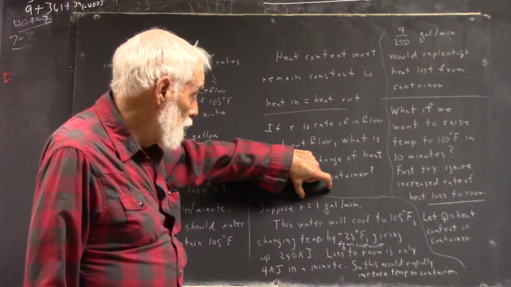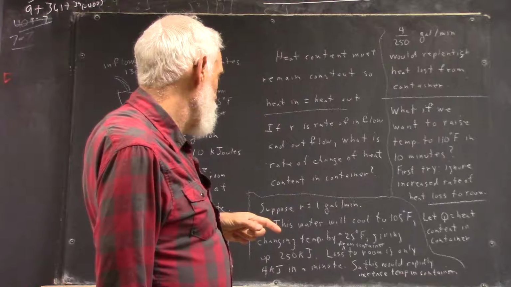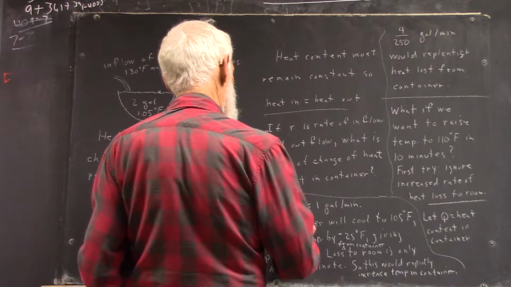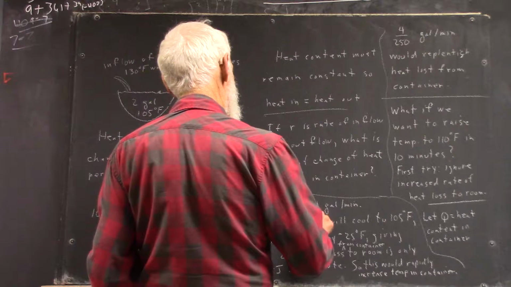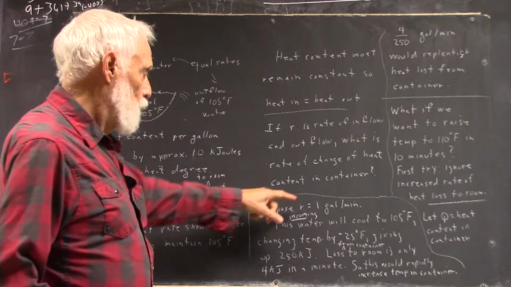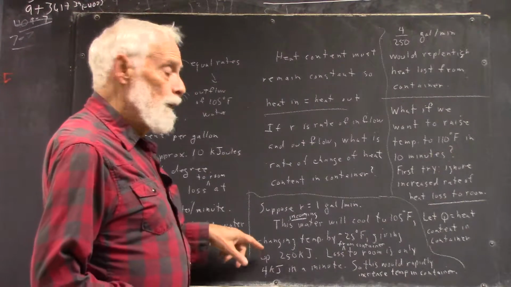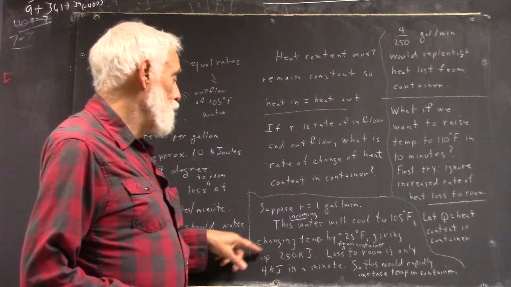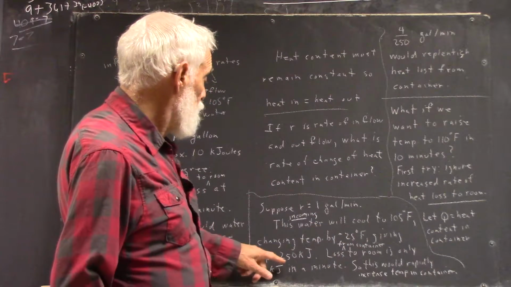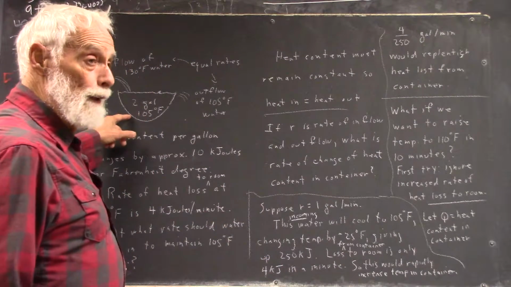At 1 gallon per minute of this incoming water, that 1 gallon per minute that comes in there is going to cool to 105 Fahrenheit. Okay? Its temperature, therefore, changes by -25 Fahrenheit, so it gives up 250 kilojoules as it cools to the 105 degrees. Okay?